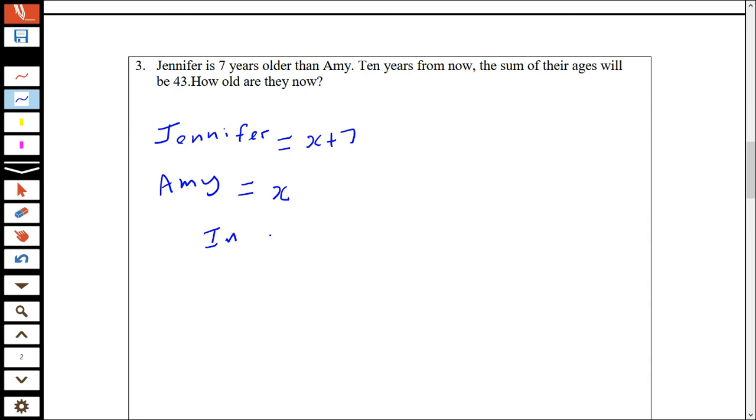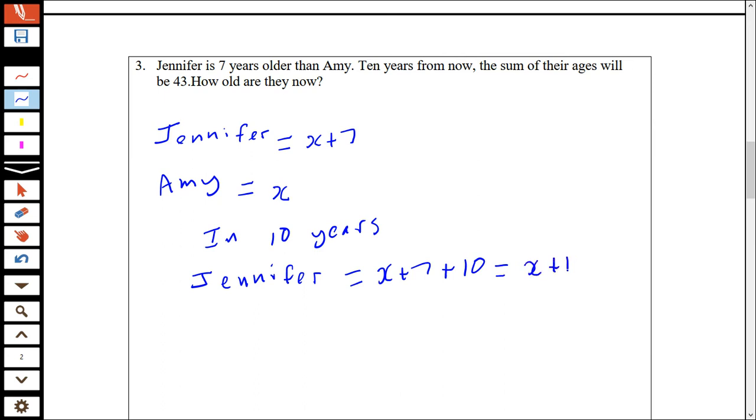In 10 years, Jennifer will be X plus 7 plus 10, which is X plus 17. And Amy, well, in 10 years' time, Amy will just be X plus 10.